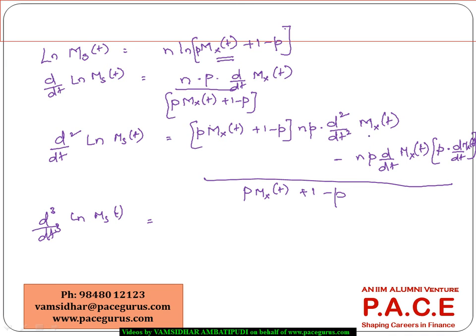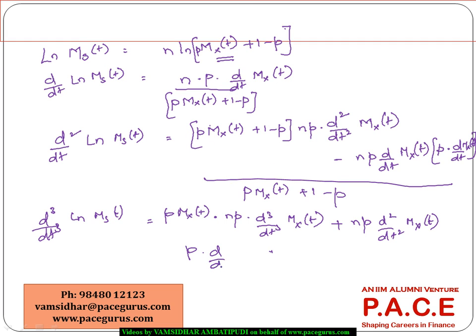Now this and this, only the first part of this, p mxt times, I can look at it as p mxt times np d cube by dt cube mxt plus np d squared by dt squared mxt times whatever is the derivative p d by dt of mxt.